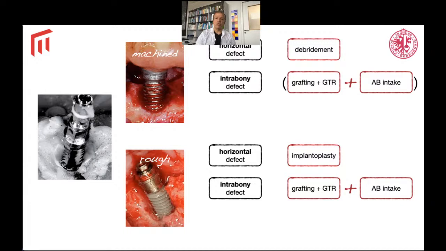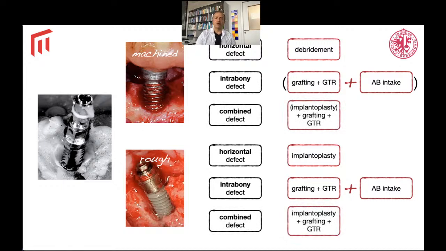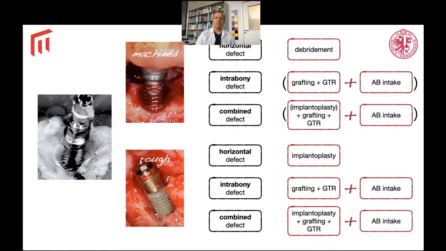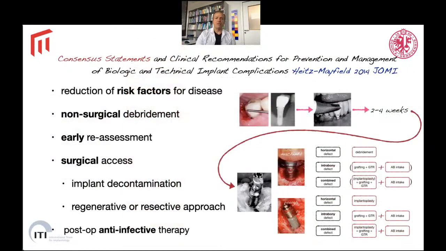And of course, if you do a regenerative approach, you give antibiotics in order to get the full potential of the site where you have a good regenerative potential and also a good potential for reosseointegration due to the roughened surface. And if you have a combination of defects, of course, you have to combine implantoplasty with an augmentative approach as we described before. And this is the flow.